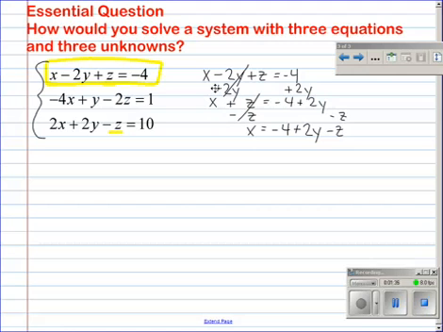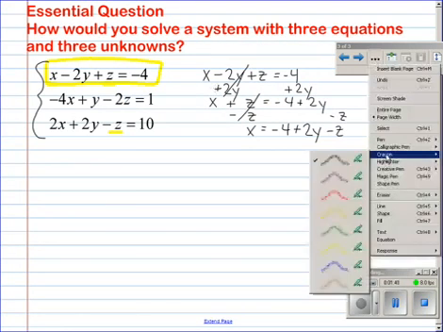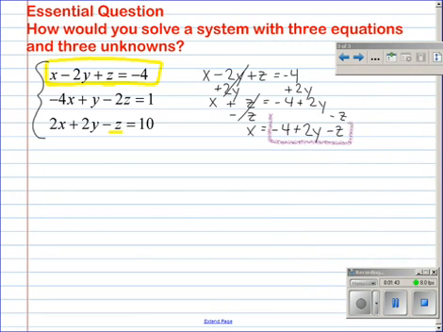So now basically what I could do is plug -4 plus 2y minus z into these other equations for the letter x. So where the x is in this equation, I'll replace that with -4 plus 2y minus z, and then the last equation, you would plug it in right there.